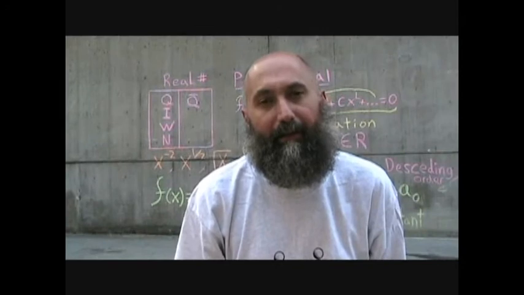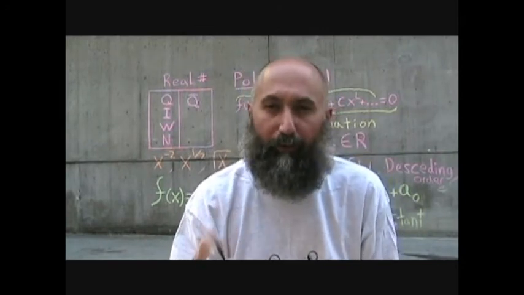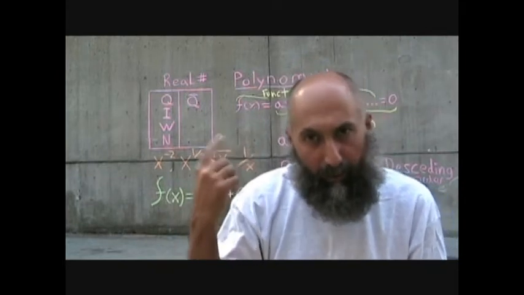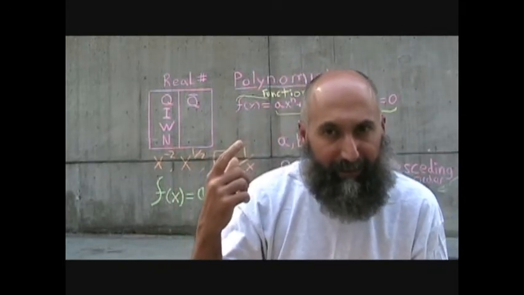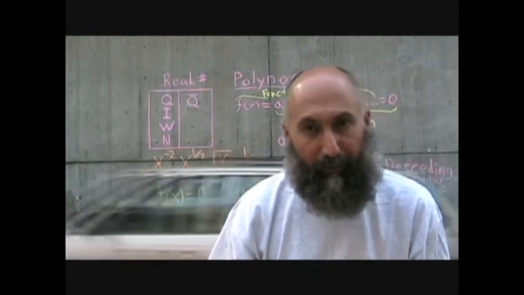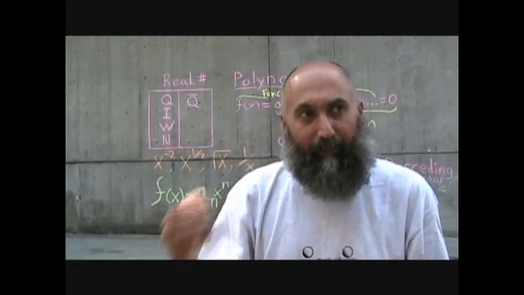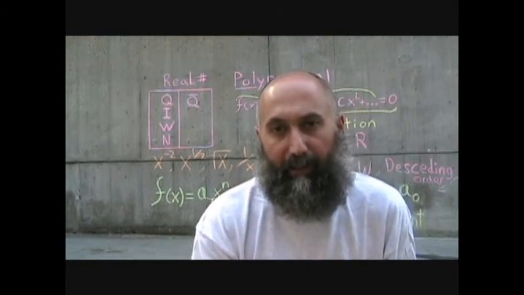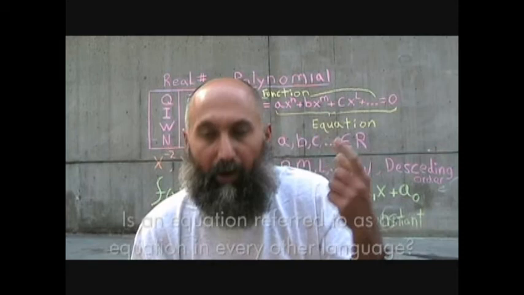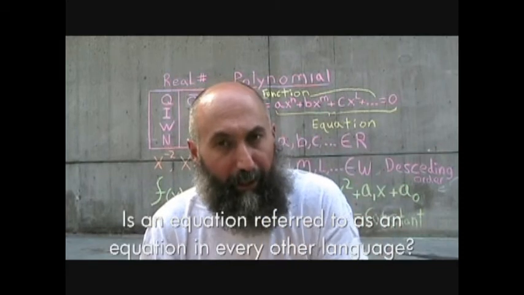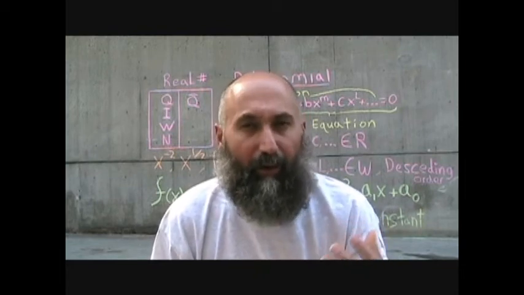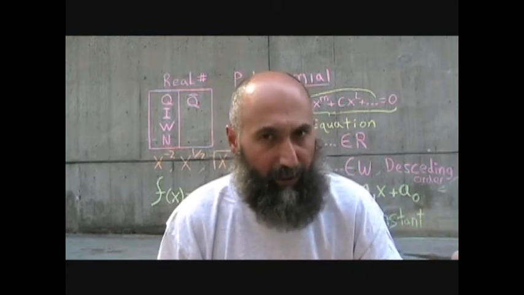Now, one thing which is quite important to remember is that all this terminology that we're learning, all these terms, and us defining a function or a polynomial or anything in mathematics, the words that we use are specifically in English, right? So I doubt that an equation is called an equation in any other language. So all this terminology is good to learn, it's good to understand what it is, to define what it is that we're talking about.